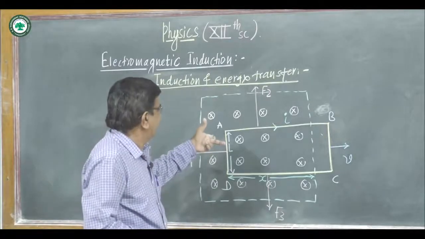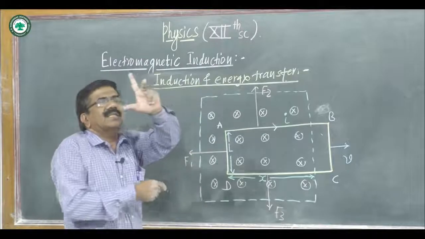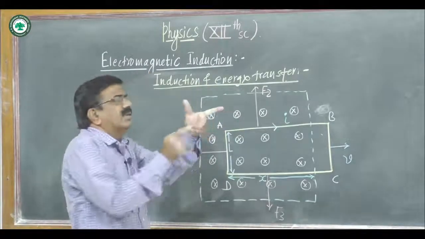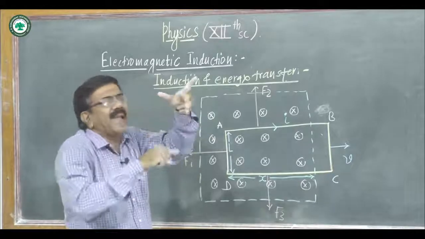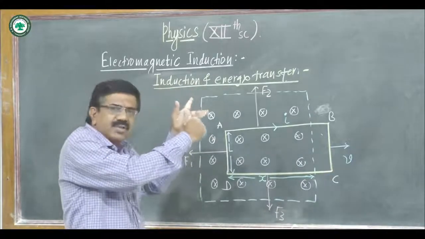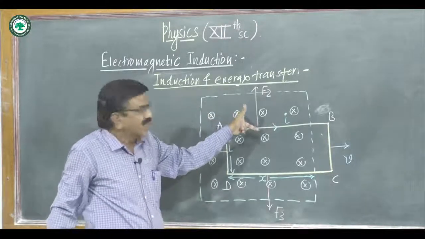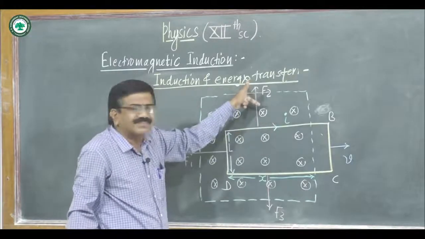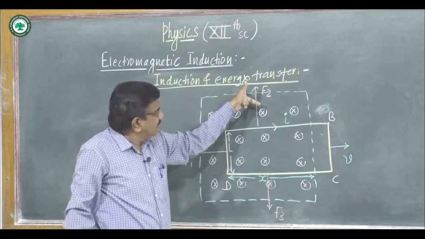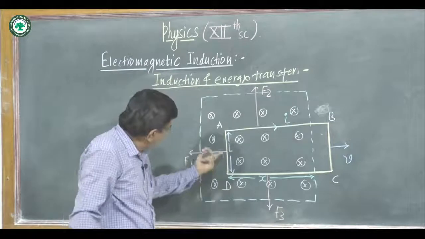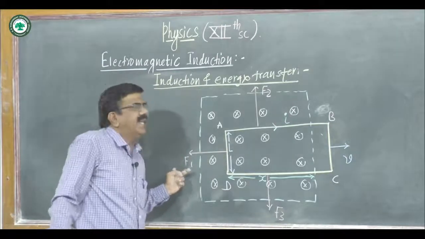See here, these three fingers are perpendicular. If this finger denotes B, that is the magnetic field, and this finger denotes the current, then this thumb denotes the force. Here the force is upward. Similarly, by this rule, the force F3 is downward, and by the same rule, this F1 is here.